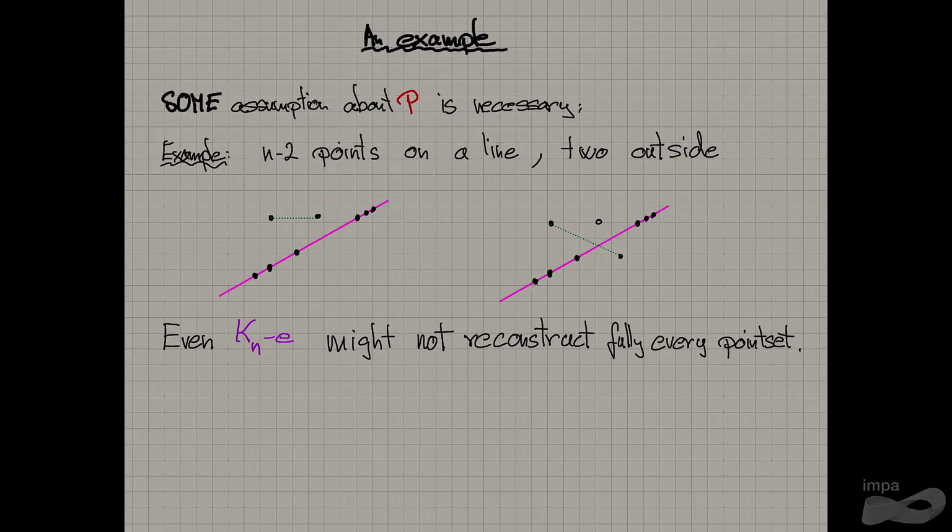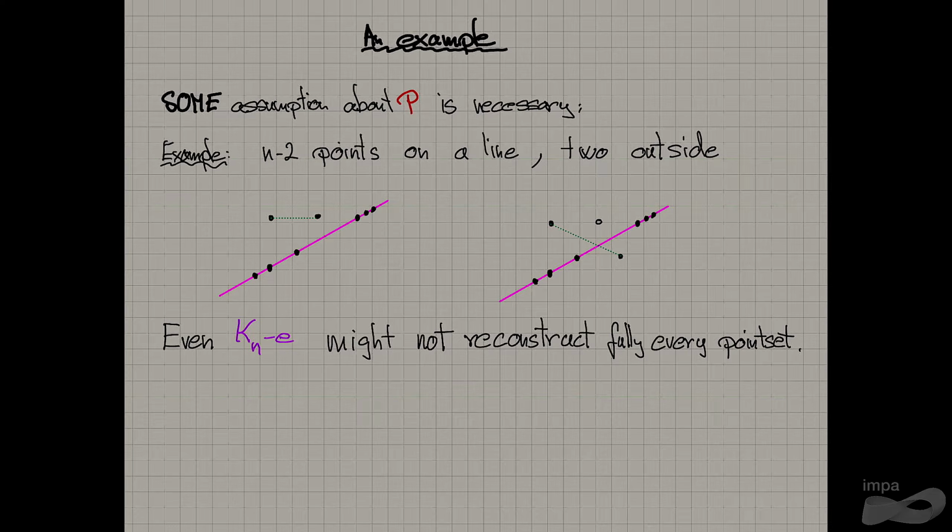Okay, that's our setup. Immediately we should note that in order to say something meaningful, we have to make some restrictions on the point set. Otherwise, we can't derive any extra information. Look at the following example. You have n minus 2 points on a line and 2 points outside.